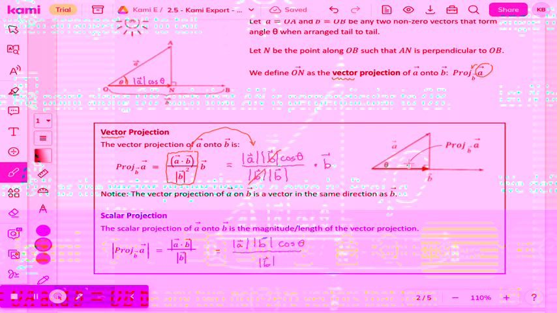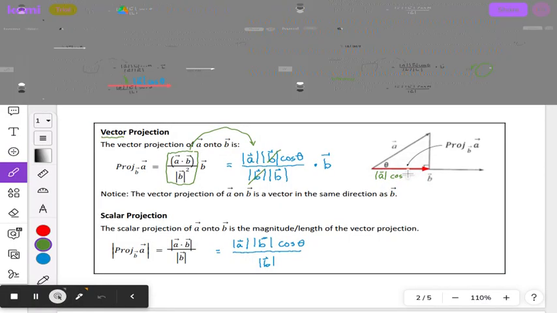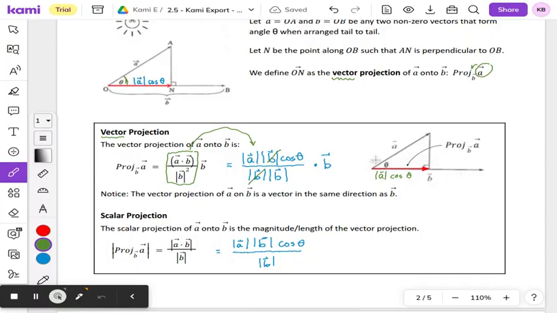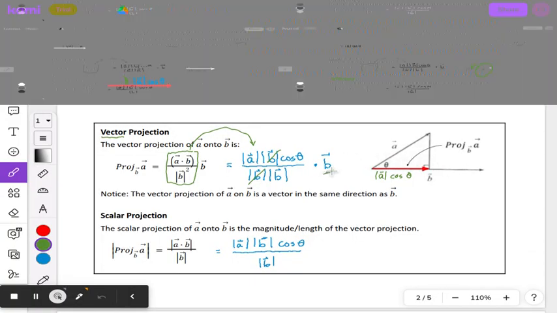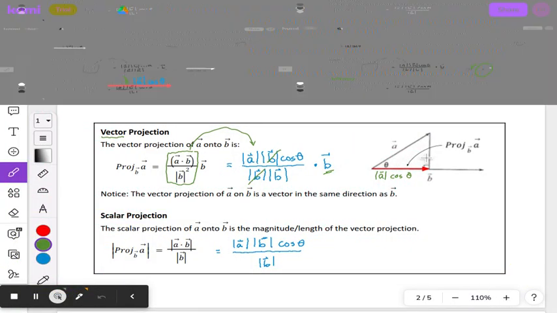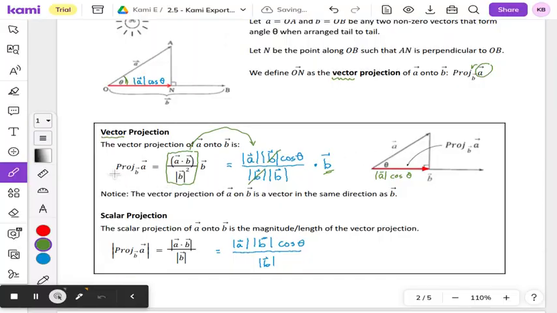You're taking the length of that projection, which, as I mentioned, is A cos theta, as the numerator, over the length of B. So it's kind of like a scalar fraction, and then you are multiplying it by B. This gives you a scalar multiple of B in relation to that projection magnitude. Don't have to worry about this. I'm just telling you where this comes from.